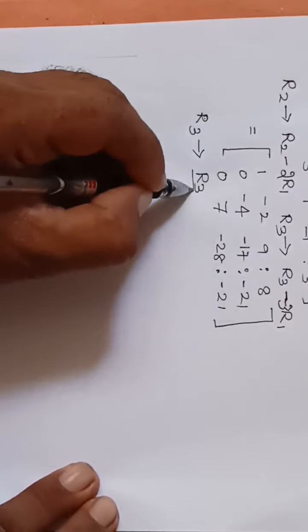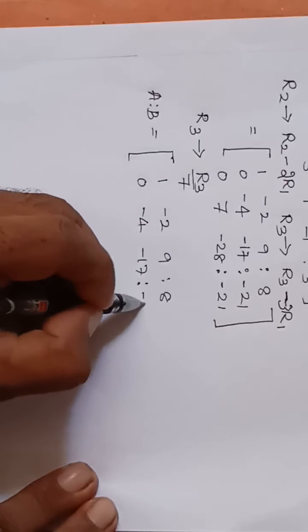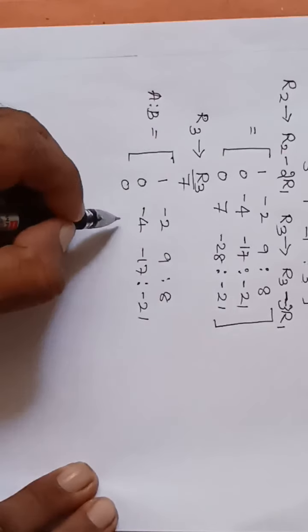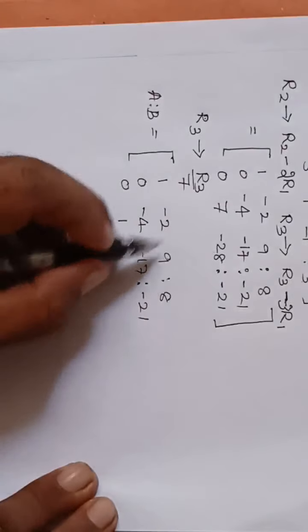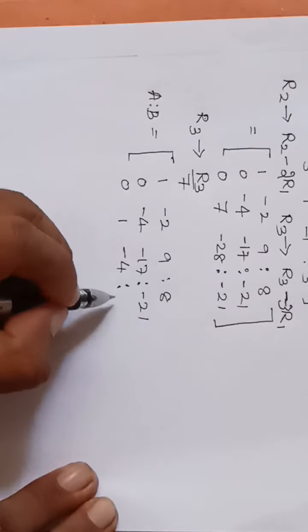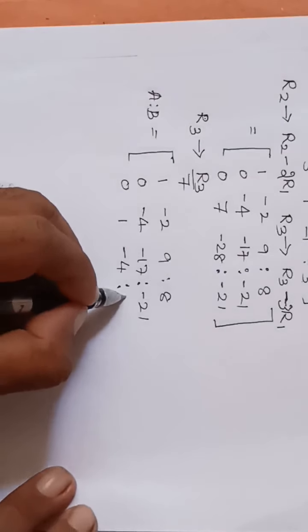Then the augmented matrix becomes, with only R3 operated: 1, minus 2, 9, 8; 0, minus 4, minus 17, minus 21; and R3 by 7: 0, 1, minus 4, minus 3.